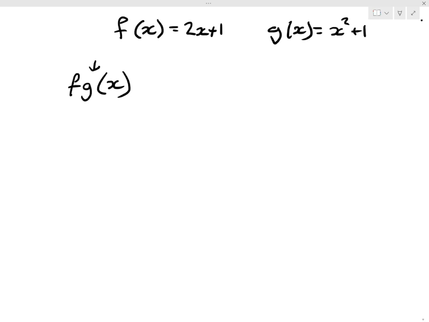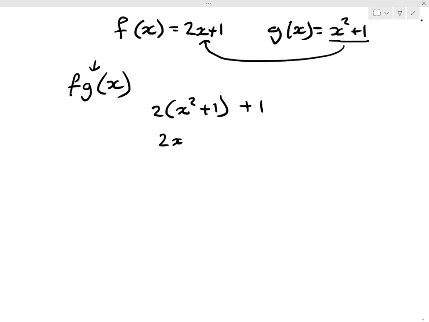We can't find out what x is there, so what we do is merge the two functions together. You take that function and put it in place of the x in the f function. So you have 2 times x squared plus 1, that's the g bit that's gone inside the f, and then you've got the 1. Expand the brackets: 2x squared plus 2 plus 1 is 2x squared plus 3. And we can do it the other way around, g of f.